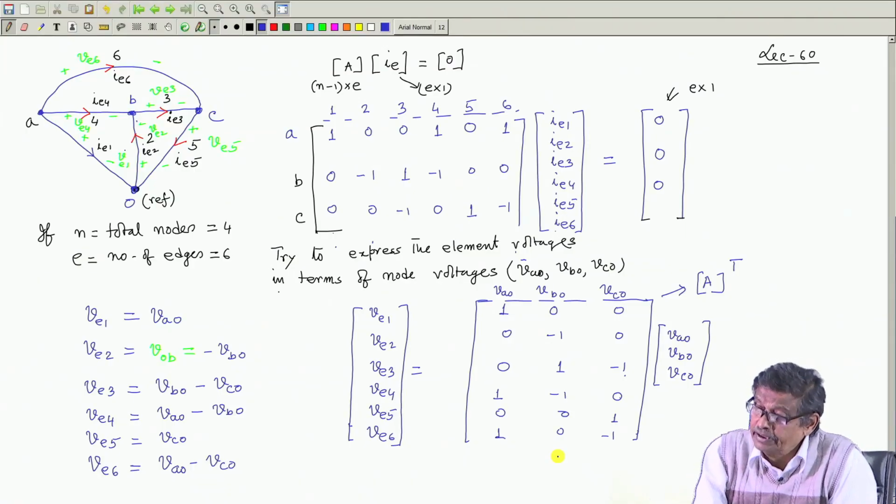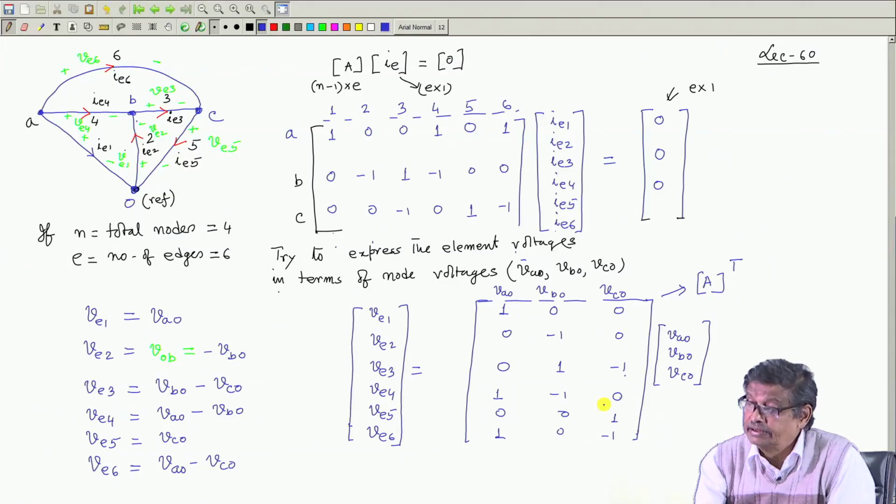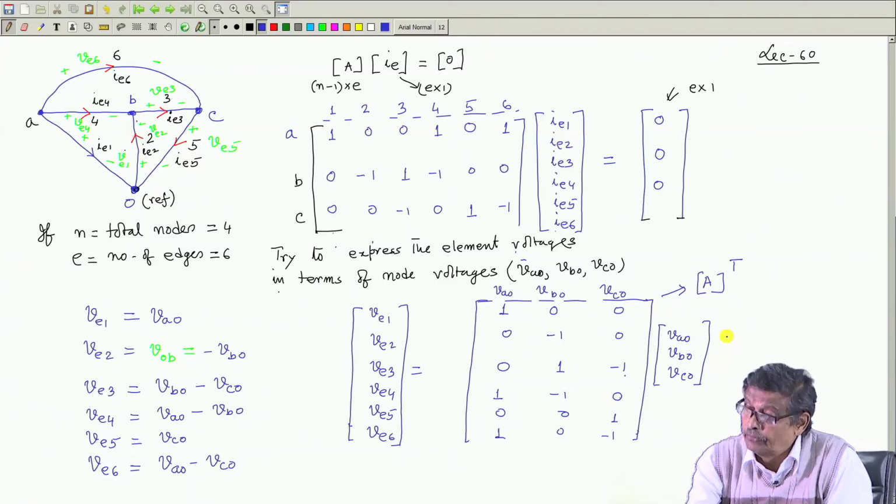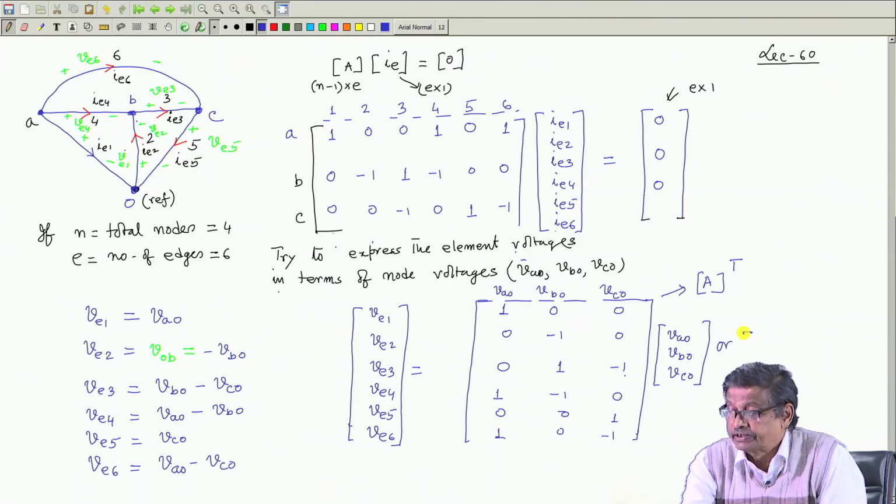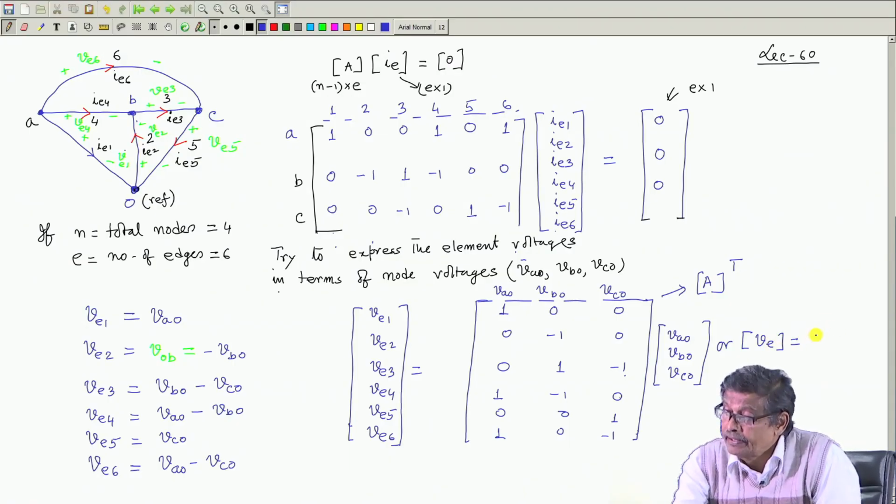Acha, therefore what will be the size? These equations can be written in shorthand fashion as: the element voltages are equal to A transpose, that is this one, into the node voltages.